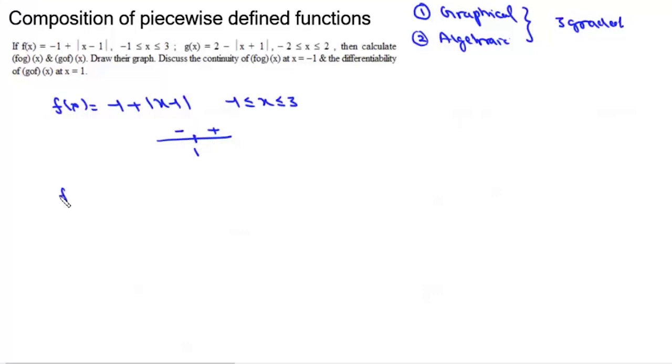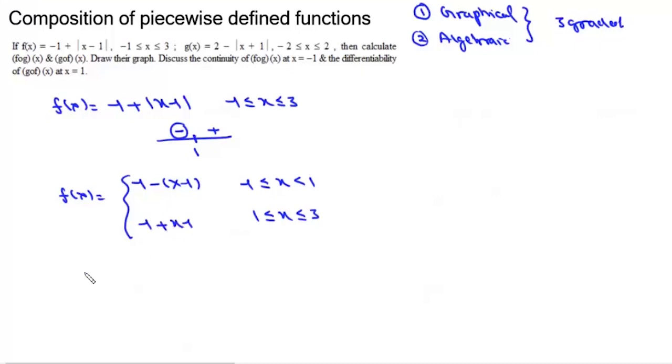So we can write this function f(x) as: for the first interval, when x lies between minus 1 and 1, we have this minus sign here, so it will be minus 1 and then minus (x minus 1), and then for the second interval where x lies between 1 and 3, it will be minus 1 plus (x minus 1).